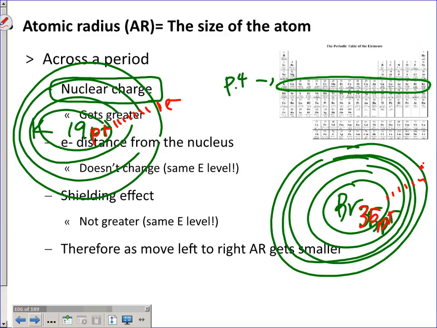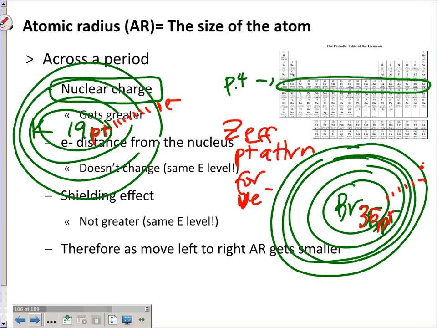Bromine. 35 whopping protons versus 19, right? So 35 positive charge is really going to pull the outside shell in simply through attraction. So it's called the effective nuclear charge, labeled Zeff, but it's really just about the protons' attraction for the valence electrons.